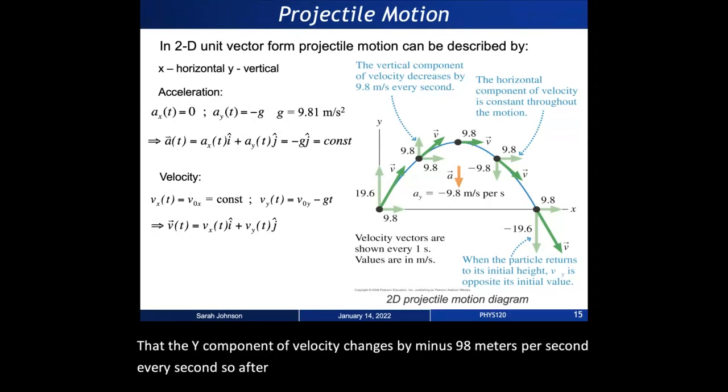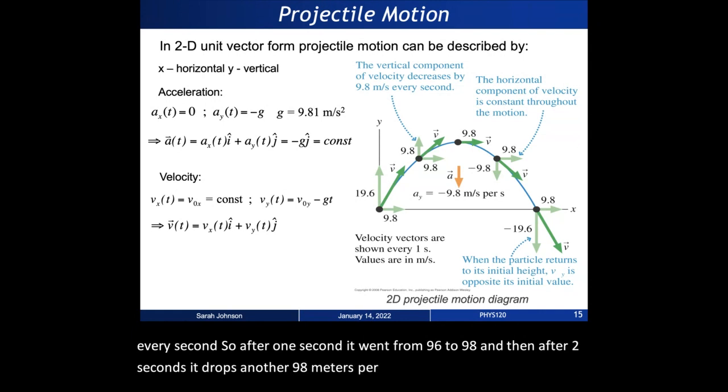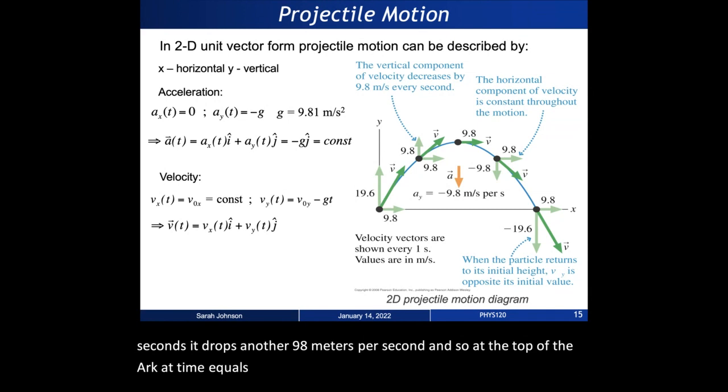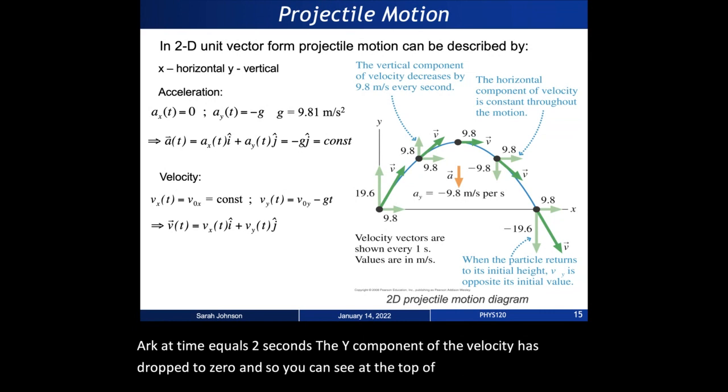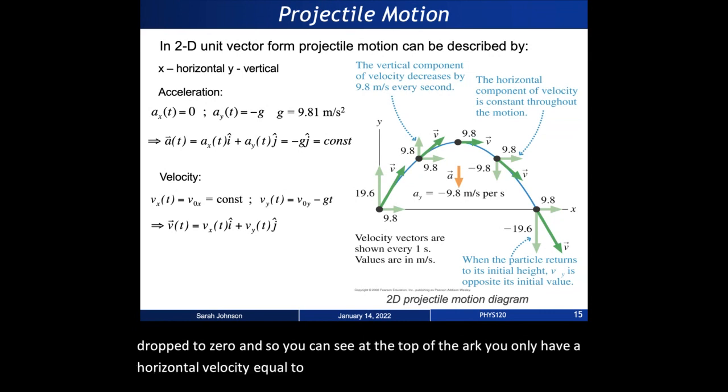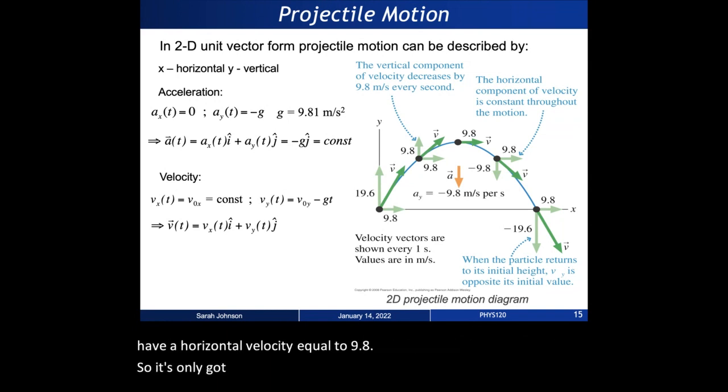So after 1 second, it went from 19.6 to 9.8. And then after 2 seconds, it drops another 9.8 meters per second. And so at the top of the arc, at time equals 2 seconds, the y component of the velocity has dropped to 0. At the top of the arc, you only have a horizontal velocity equal to 9.8, so it's only got the x component.